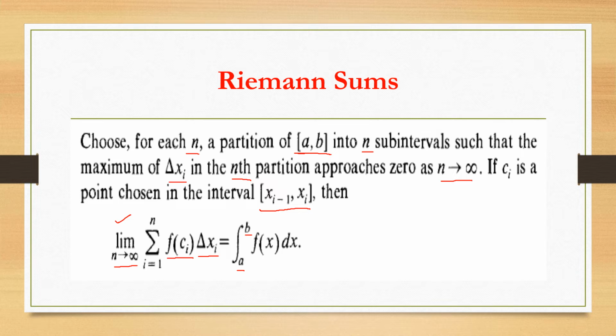If n approaches infinity and Ci is a point chosen in the interval [xi minus 1, xi], then this limiting value is equal to the integral of f(x) from a to b.